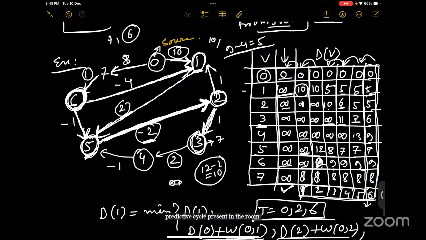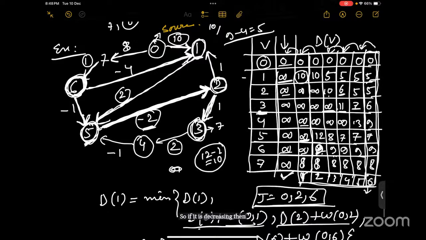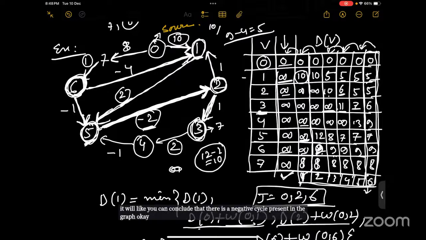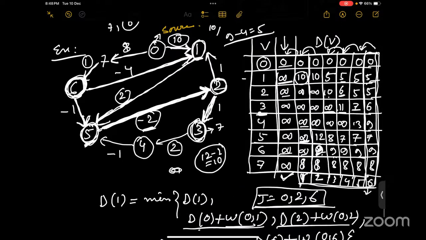If it is decreasing, then you can conclude that there is a negative cycle present in the graph. Okay. Ma'am, also, we should not repeat more than n-1 times, right? Yes, ma'am, there is a negative cycle 5 to 2, 2 to 3, 3 to 4, and 4 to 5.